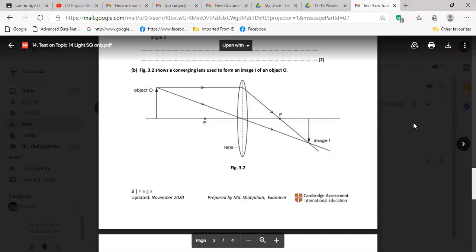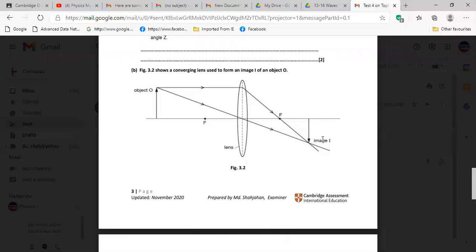Yes, sir. And we got also another definition of real, that is real is that image which we can show on the screen, we can produce on the screen. So if it is other side, then it is possible to show on the screen, otherwise not. So from all this discussion, we understand it is real.